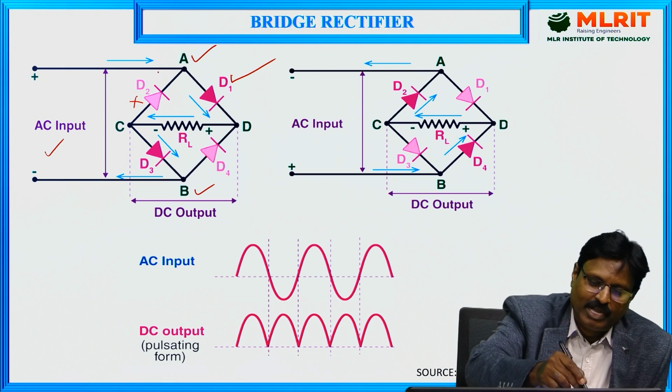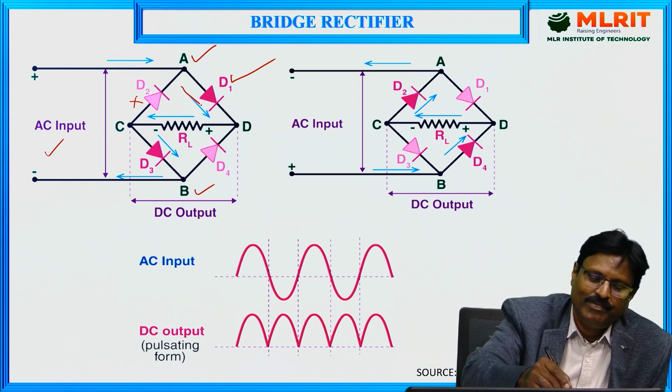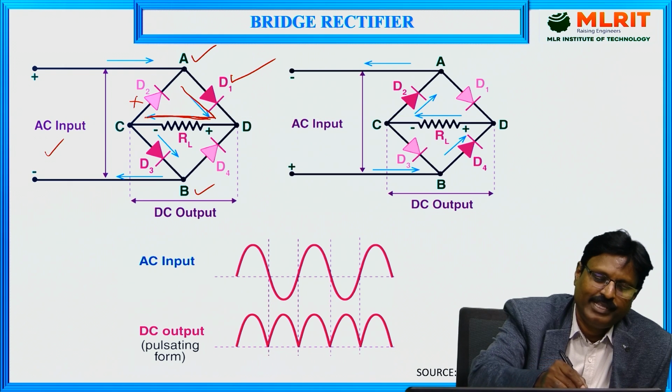Diode D1 is forward biased, which means it will conduct and the current will flow in this manner. As you can see, the load resistance RL is connected here and the current will flow like this. And what about the status of diode D3?